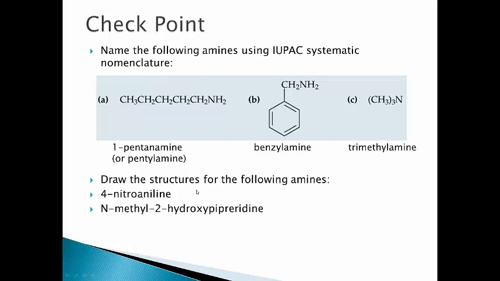Okay, so let's draw the structures for the following amines. So 4-nitroaniline, so one from last week, and N-methyl-2-hydroxypyridine. Okay, so we've got our 4-nitroaniline, same as last week, and our pyridine ring, okay, is a 6-membered ring with the nitrogen, and it's N-methyl, so methyl coming off the nitrogen, 2-hydroxy, so 1,2-hydroxy.